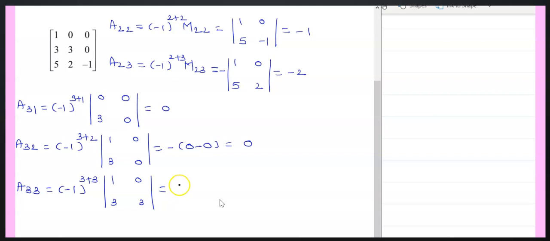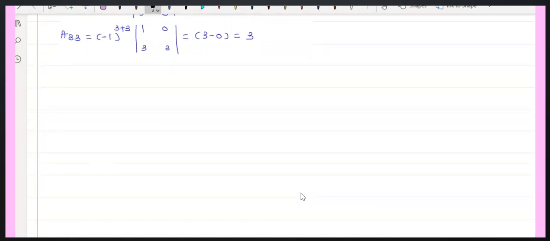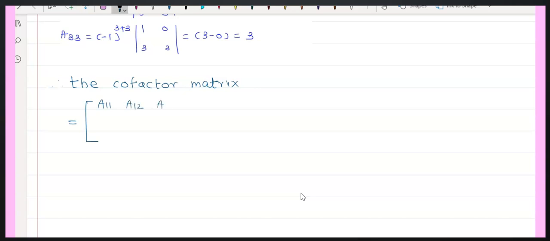Therefore, it is 3. Therefore, the cofactor matrix is A11, A12, A13, A21, A22, A23, A31, A32, A33.